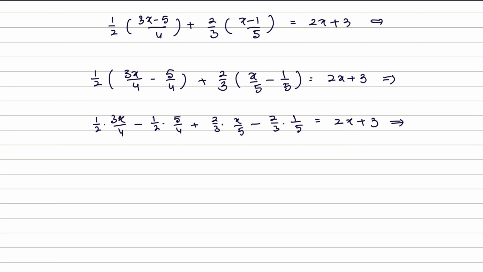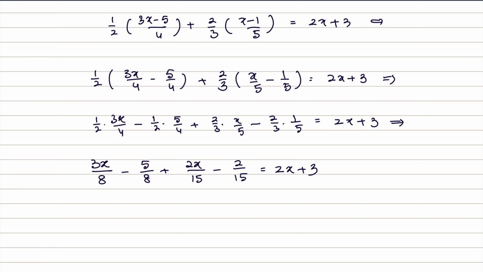That implies 3x by 8 minus 5 by 8 plus 2x by 15 minus 2 by 15 is equal to 2x plus 3. Now we have divided everything.